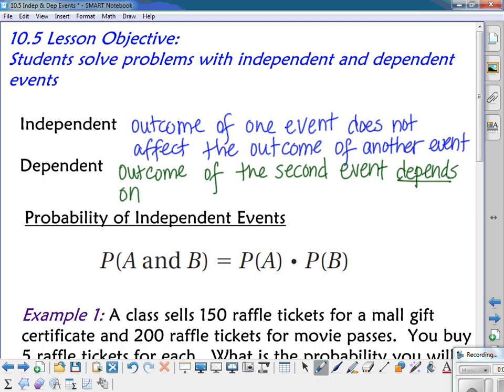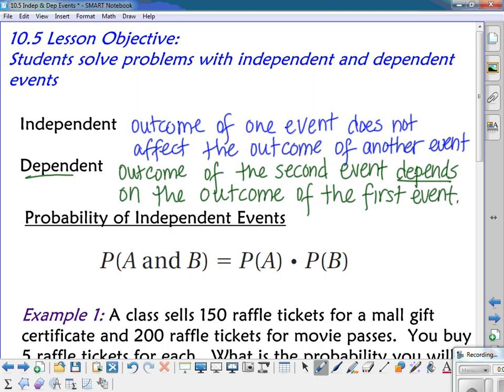The outcome of the second event depends on the outcome of the first event. Okay, depends, dependent, right? Make sense?